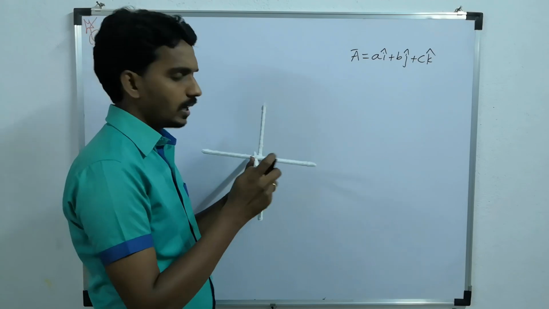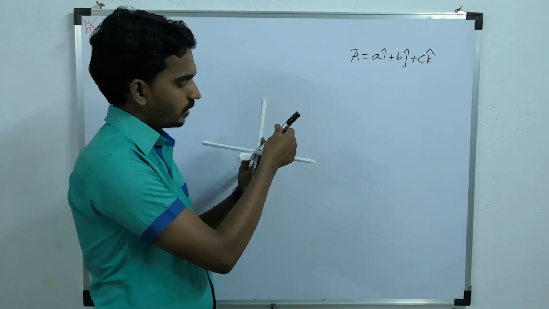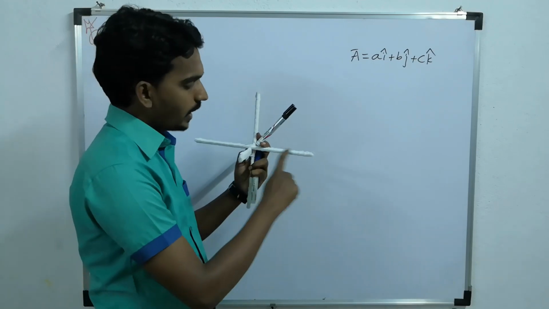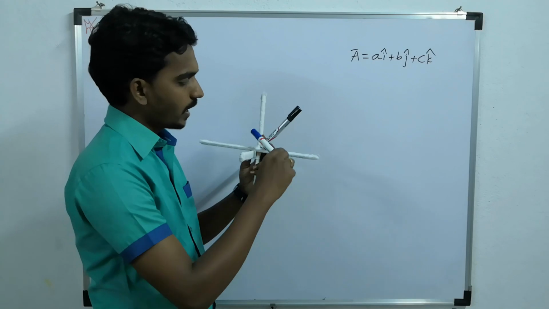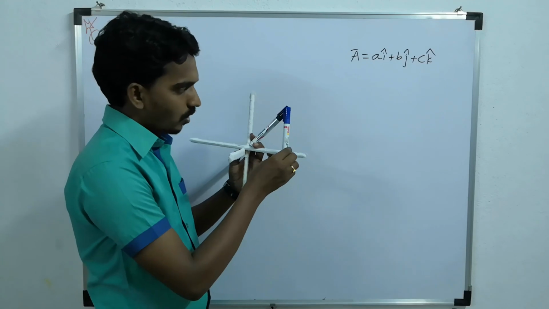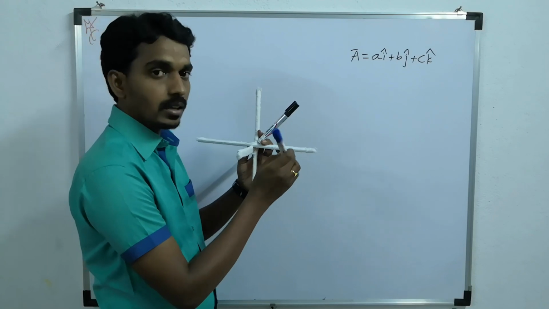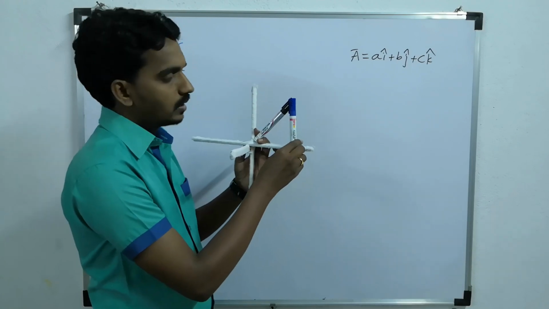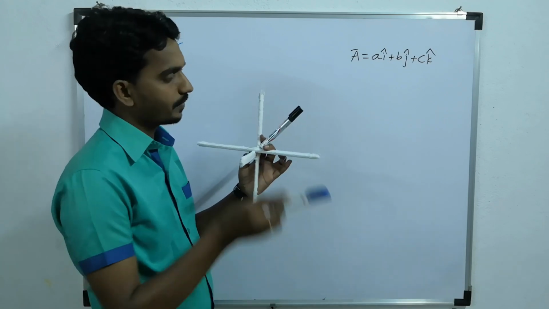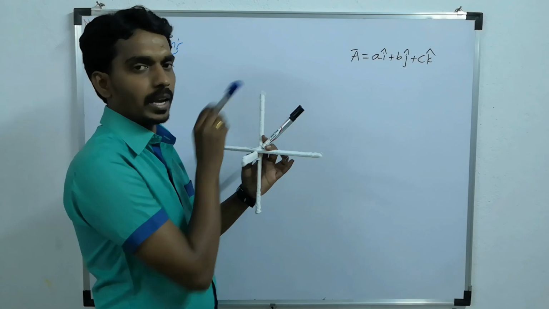Now consider a vector in the xy plane, in between the x-axis and y-axis. If you draw a projection, that means a perpendicular, on the x-axis, this is called the projection on the x-axis. Similarly, this is the projection on the y-axis.